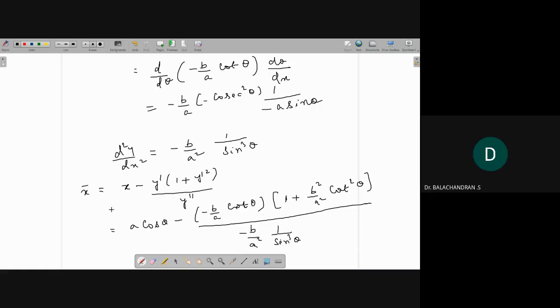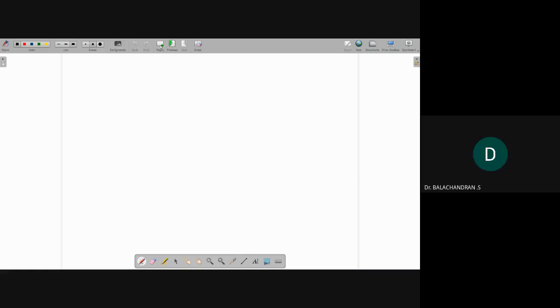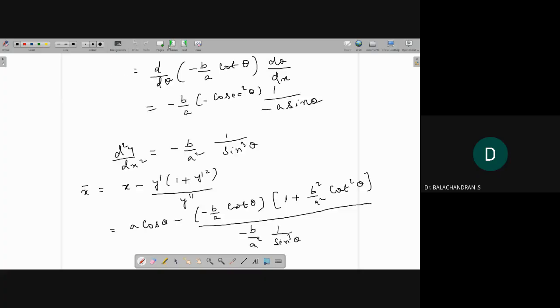Okay, next step. So that is equal to a cos cube theta, a cos theta. Okay, and then what's the next step? Usually I first simplify this part, and then I either take the LCM or you can directly multiply, because before simplifying this, I don't multiply.